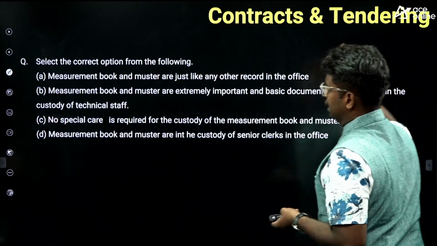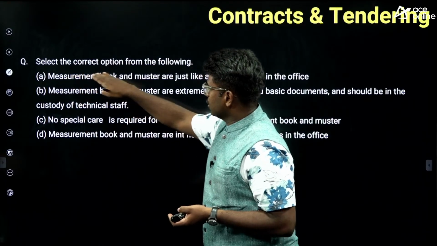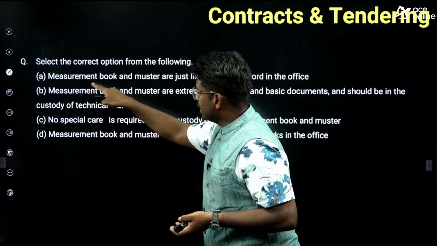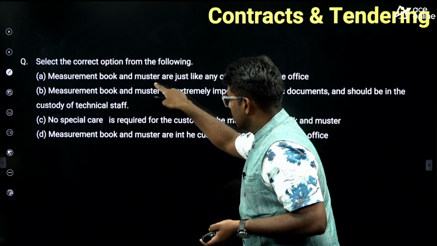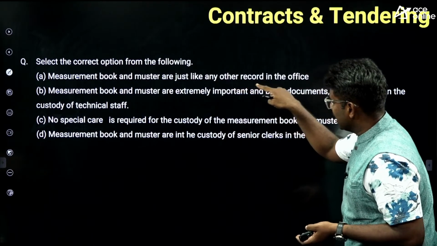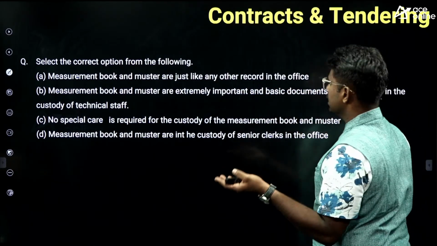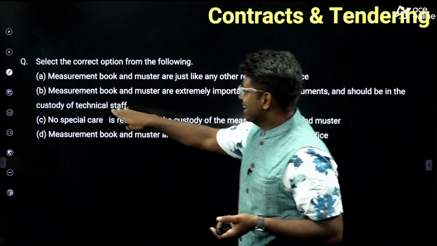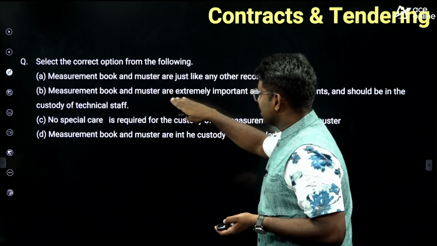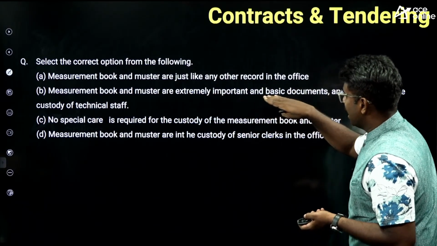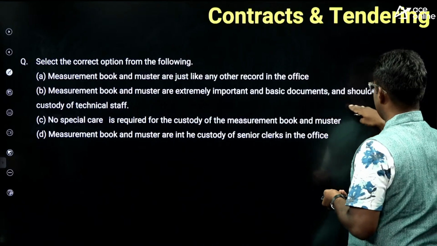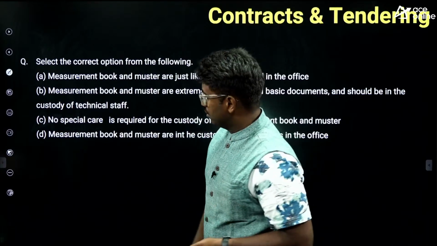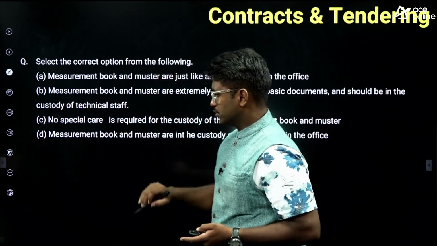Next, from contracts and tenders, select the correct option from the following. Let's see. Measurement book and muster are just like any other record in the office. Are they? No. Measurement book and muster are extremely important and basic documents and should be in the custody of technical staff. A fair one. Let's see the remaining options also.